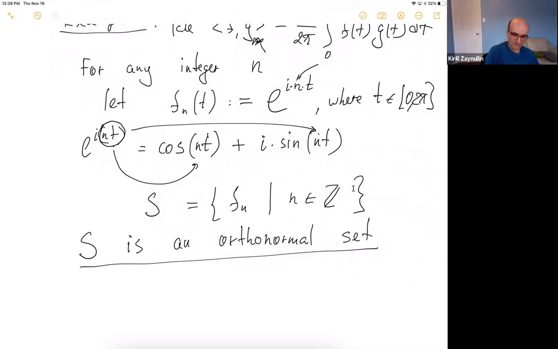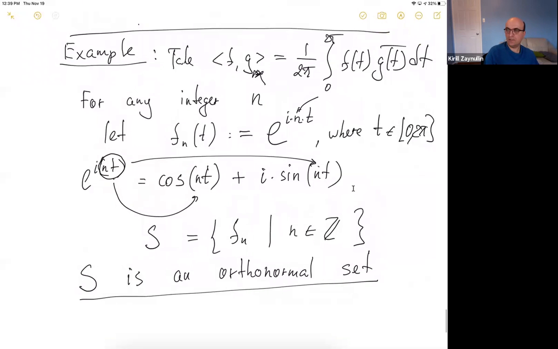Well, why is it so? Let me actually leave it as an exercise. Let me give you a hint how to do it. In order to show that this is an orthonormal subset, you have to show two things. First, we need to show that the inner product of f_n and f_m is 0 if n is not m.